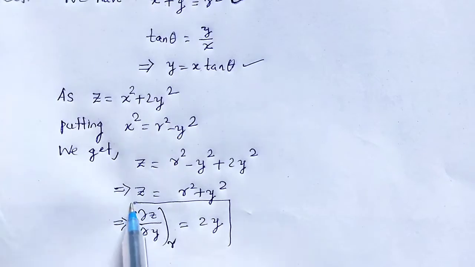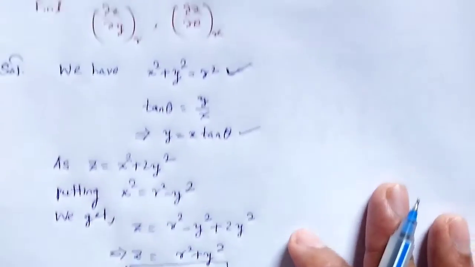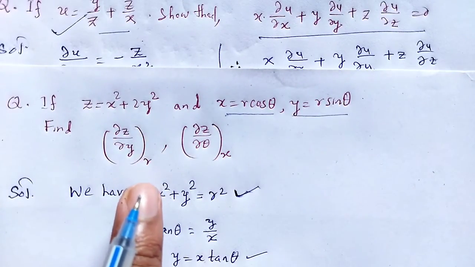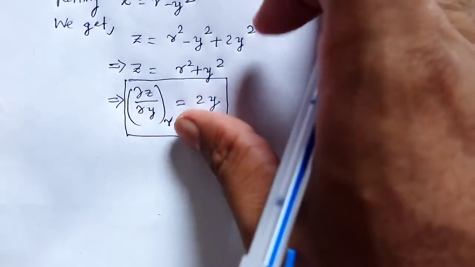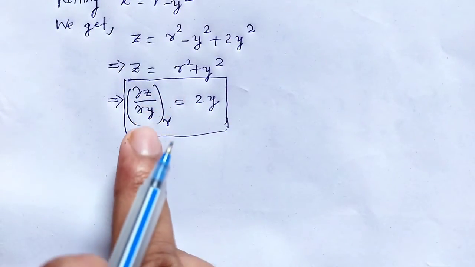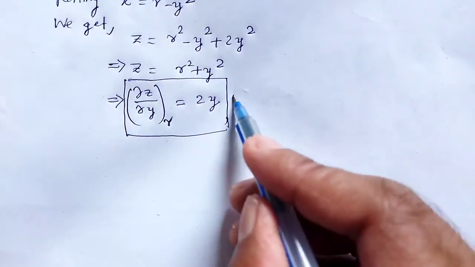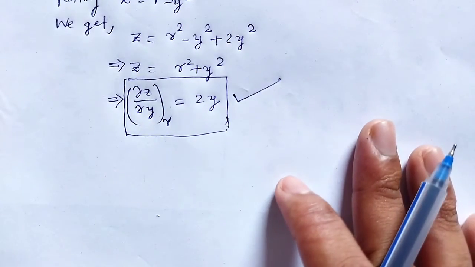This is our one result. The question was to find the partial derivative of z with respect to y whereas r is constant. This is the first answer of the question.